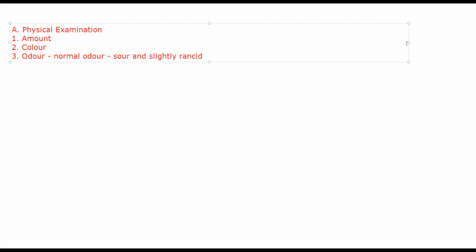What will happen in our weather? It will become increasingly sour and it will have a very distinct smell, right? That is a rancid smell. It is very, very sour to eat as such. Usko rancid bolte हैं. Now your gastric content should normally be sour and slightly rancid. Normal color is pale gray.